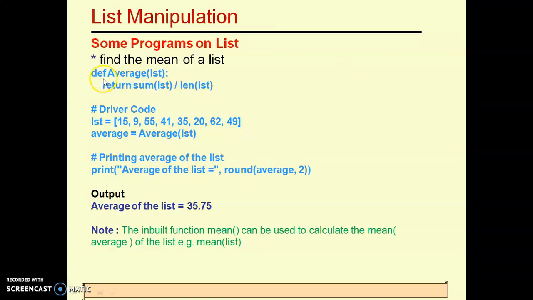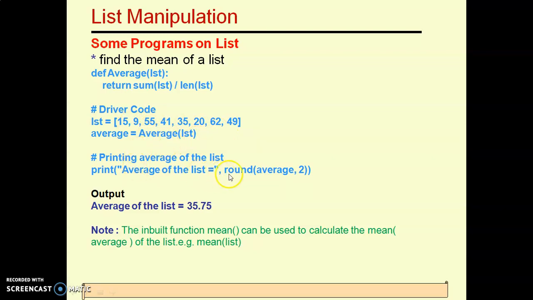Def means we have created a function. I have created a function average of LST, return sum of LST divided by length of LST, meaning the sum of all the elements of the list divided by the length of the list. Now the driver code: we have to run, LST is equal to 59. I have calculated the average of the list.